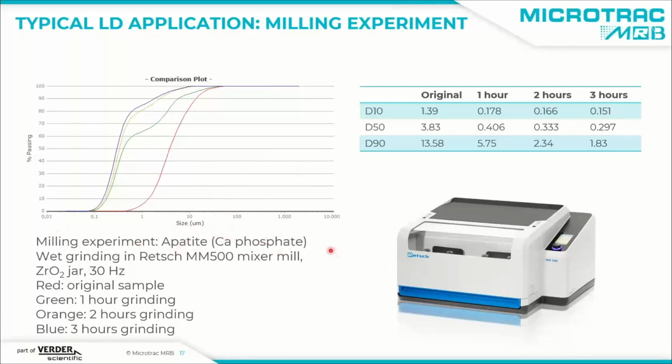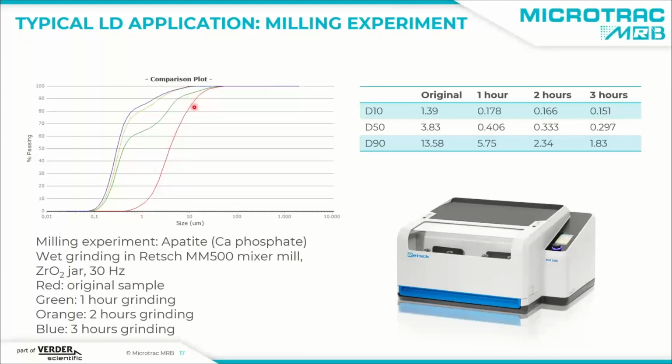Here you have an experiment where we have milled a calcium phosphate in a Retsch mill. Retsch is a sister company of ours that also belongs to Verder Scientific, and when they do their milling experiments, they very often use laser diffraction to see what's the outcome of their grinding. So this was calcium phosphate, and you can see this was the initial sample.